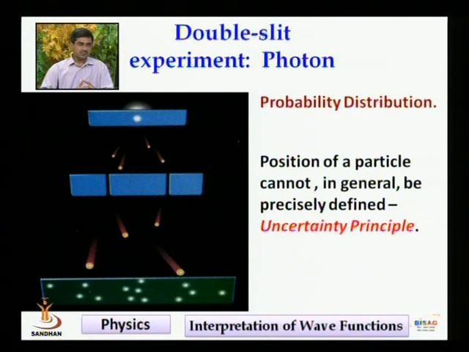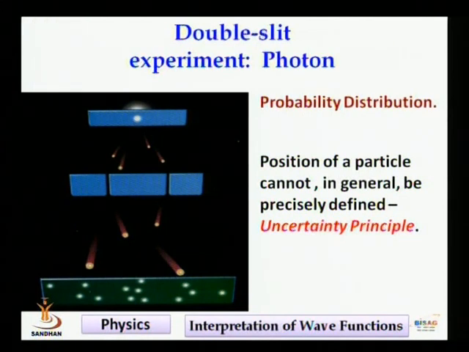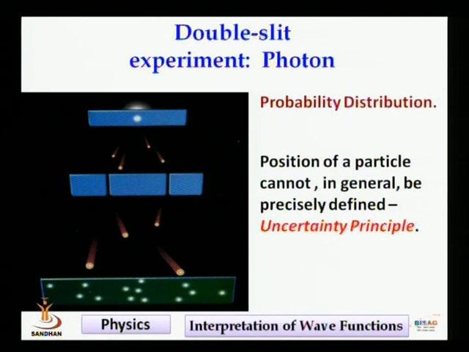So this first experimental evidence, hypothetical though, suggests that we may talk about the position probability rather than the intensity distributions for such particle or photon diffraction.